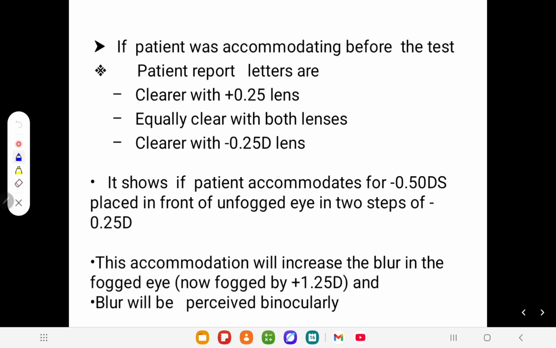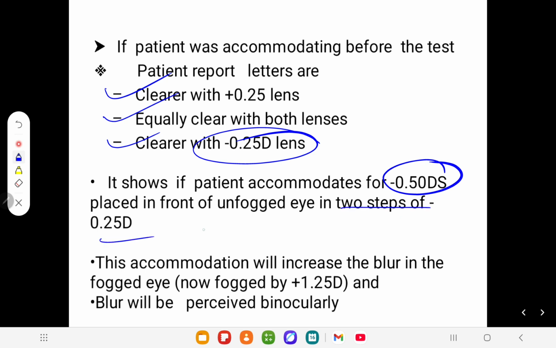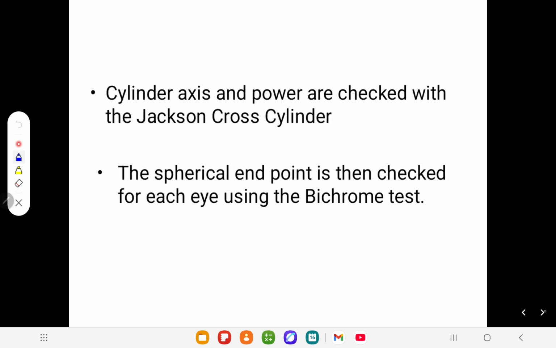So if the patient is accommodating before the test, the patient reports the letters clear with this, isn't it? If only equally clear with both lenses and clearer with 0.25, it shows the patient accommodates. If 0.5 diopter is placed in front of the unfogged eye in two steps of 0.25, this accommodation will increase the blur in the fogged eye, now fogged by 0.25, and the blur will proceed binocularly.